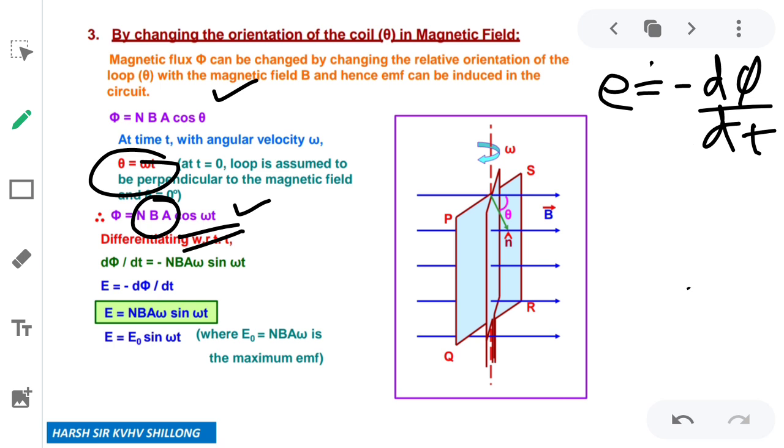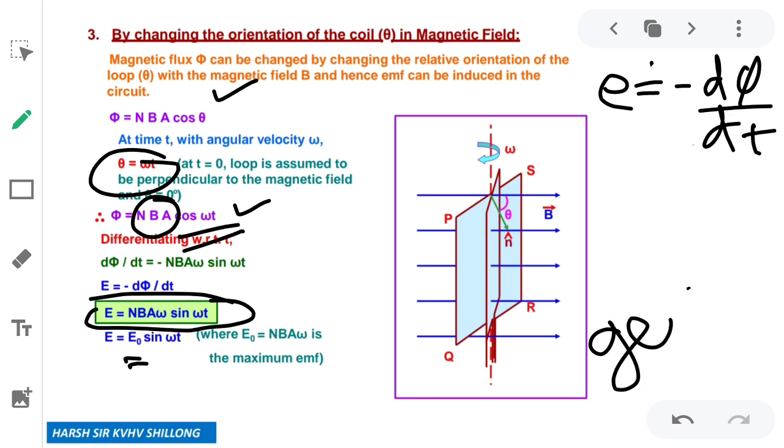So the minus of Faraday's law and the minus of cos differentiation give plus, and we finally get E equal to NBA omega sine omega t. NBA omega is constant, so it is taken as a peak value, E naught, the maximum EMF. This is used generally in generators.